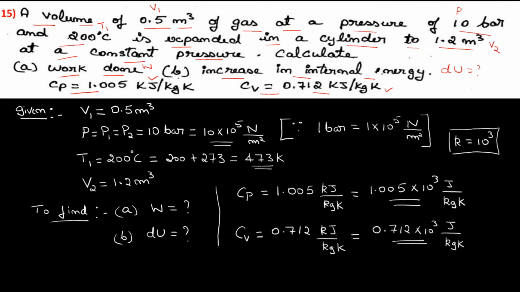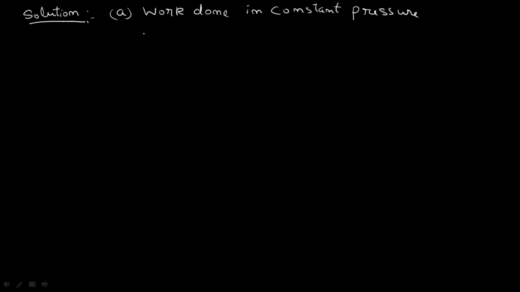We need to find W and dU, work and change in internal energy. Let me write down the solution. First one, to find work done at constant pressure. The formula for work done at constant pressure is W is equal to P into V2 minus V1, that will be measured in joule.